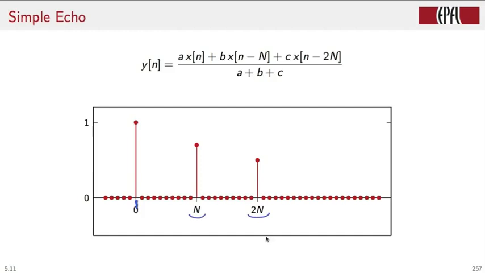So you have equally spaced replicas of the signal, which we scale by different weights in order to simulate a decay in time. So we have the original signal scaled by A, which is usually 1, a first reflection scaled by B, and a second reflection scaled by C. And then we normalize the sum of reflection by the sum of the coefficients in order to have unit gain.